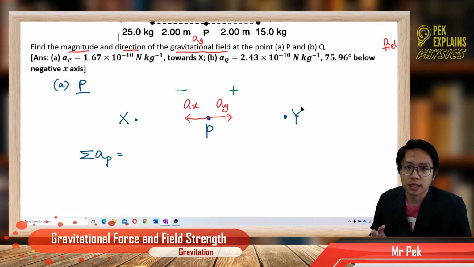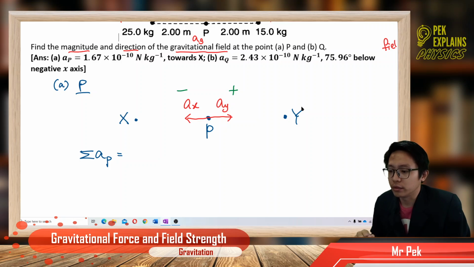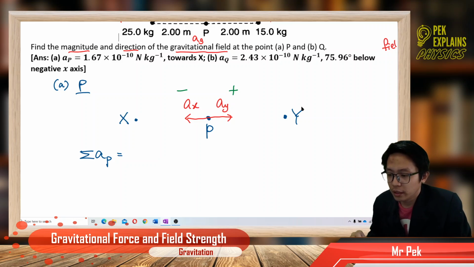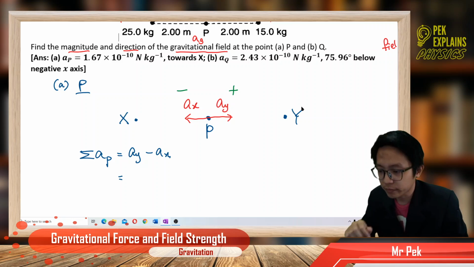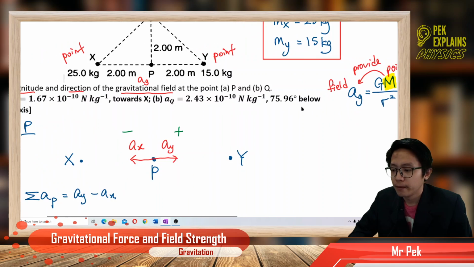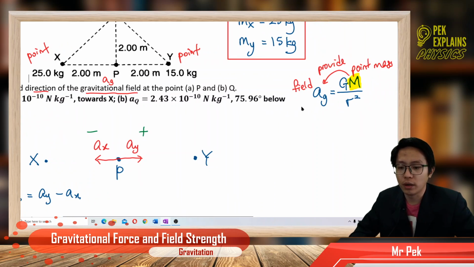The positive and negative sign shows the direction, very important. So AY is positive, and AX is negative.